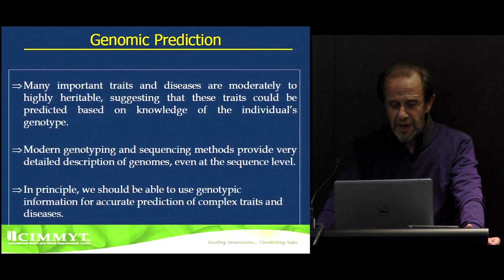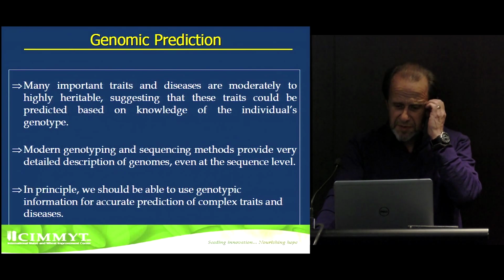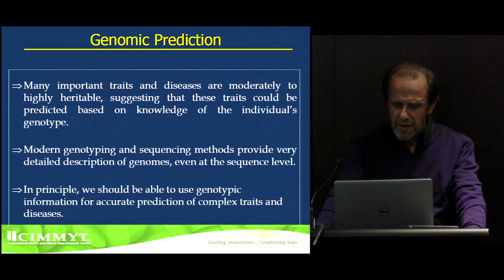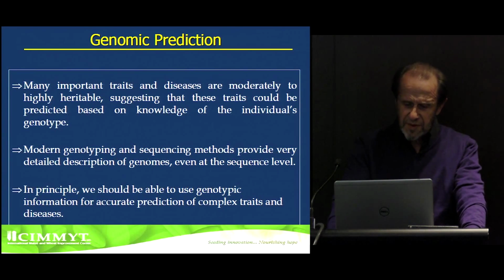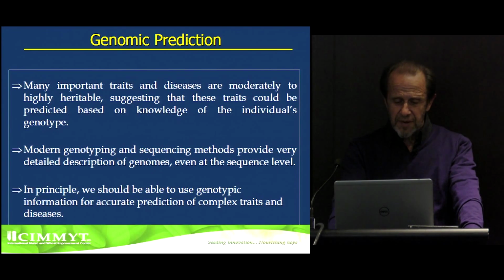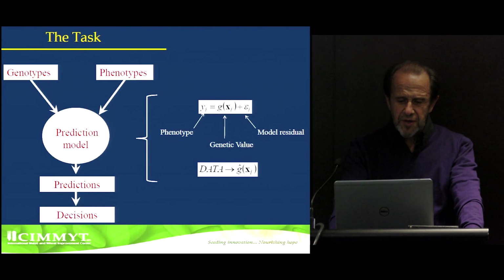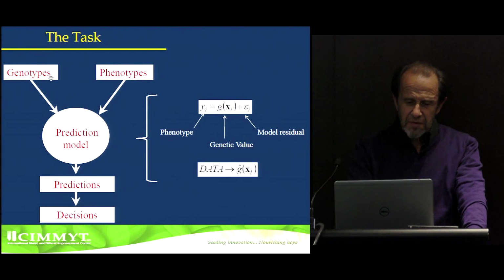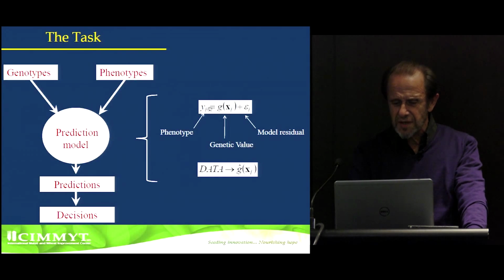And we have, on the other hand, modern genotyping and sequencing methods that can describe the genome very precisely. So we have the genotypes, the phenotypes, we make the prediction models, we predict and we make decisions. These are the phenotypes, these are the genetic values. The genetic values are related to the markers.